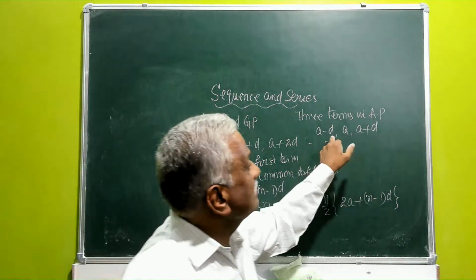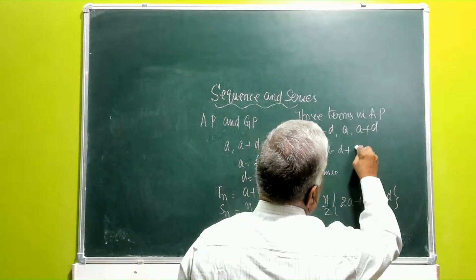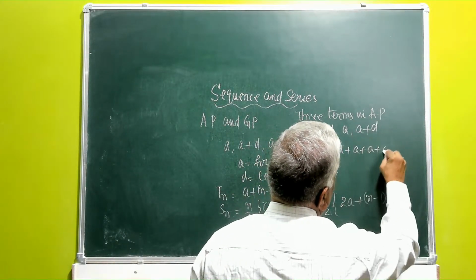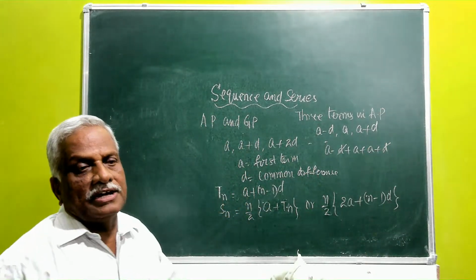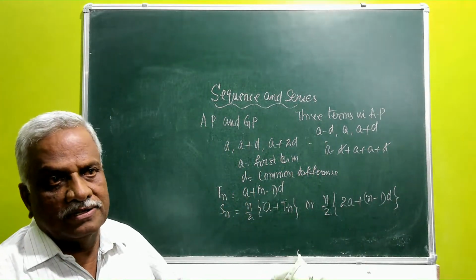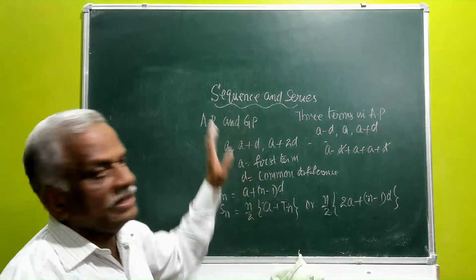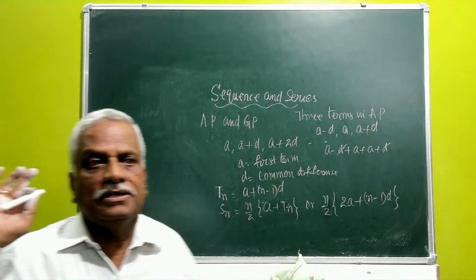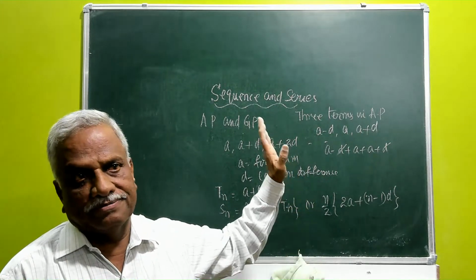So when you add a minus d, a, a plus d, you will notice d will cancel, you will get a value of a. And you can find a product equation and substitute the value of a. So these are the basic ideas you need to know about the arithmetic progression.